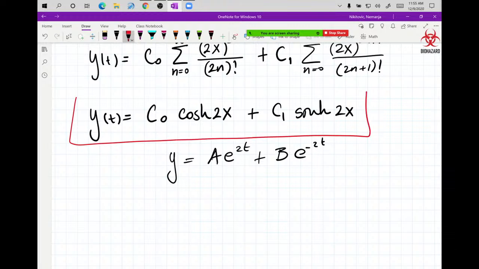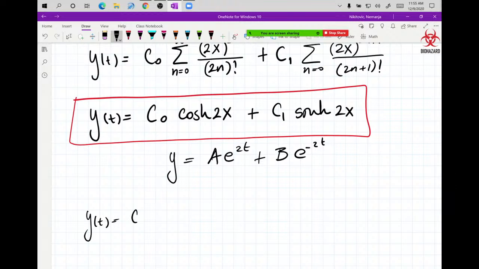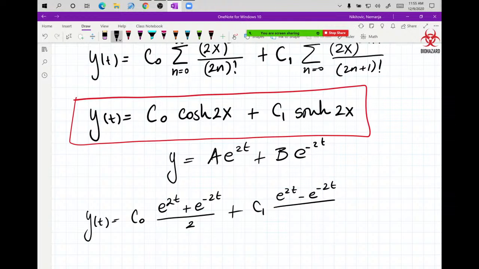It's exactly that answer because we know from Calc 2 the definition of cosine hyperbolic and sine hyperbolic. And what is the definition? Well, your y of t is c0 times (e to the 2t plus e to the minus 2t) over 2, plus c1 times (e to the 2t minus e to the minus 2t) over 2.